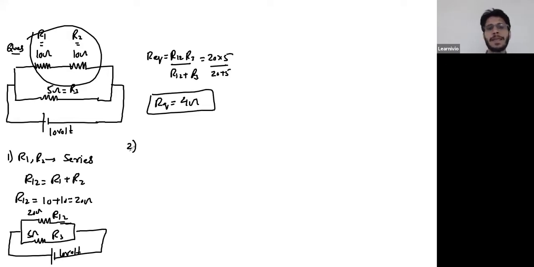So next, we need the total voltage across the circuit. Afroza, can you guess what is the total voltage across the circuit? 10 volt. It's always the EMF of the cell. Very good. It's 10 volt.